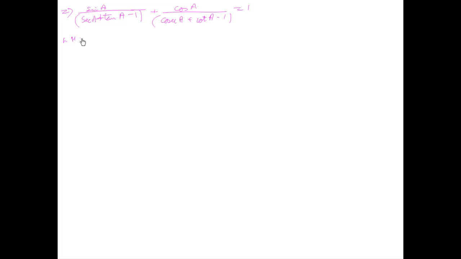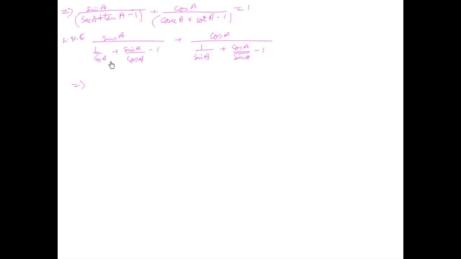So again, children, here we'll simplify left hand side, converting everything in terms of sine and cos. That sec is 1 upon cos, tan is sine A upon cos A. And same thing we'll do over here, children. Cos A, 1 upon sin A plus cos A upon sin A minus 1.